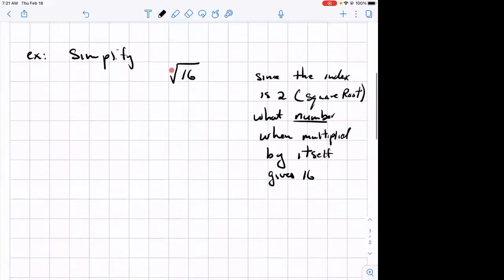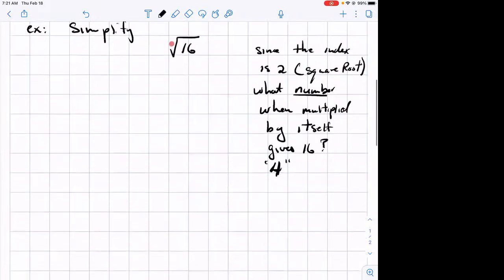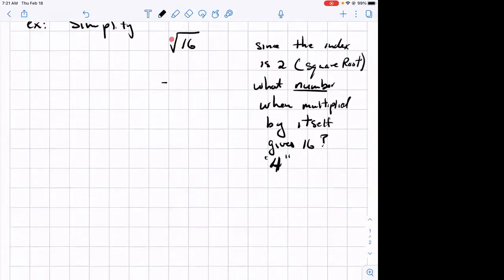That number will be 4. If you take 4 and multiply it by itself, you get 16. So the square root of 16 is 4.